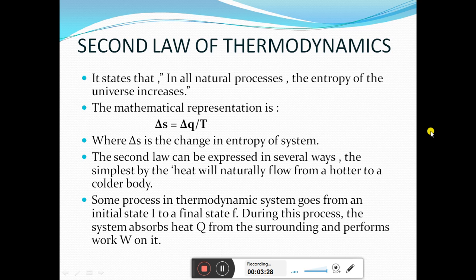Suppose some process in a thermodynamic system goes from an initial state I to a final state F. During this process, the system absorbs heat Q from the surroundings and performs work W on it.